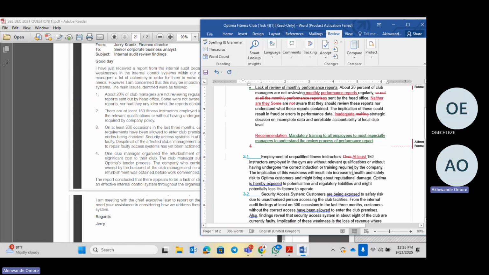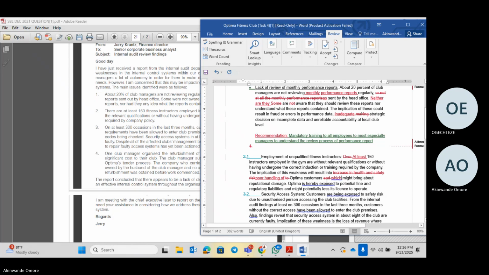Is it increase in health risk? No. Will result in poor handling of optimal customer, which might bring about reputational damage.